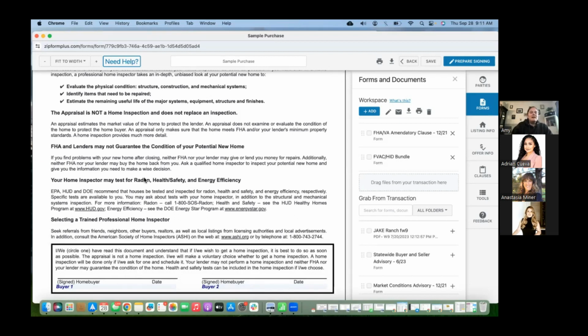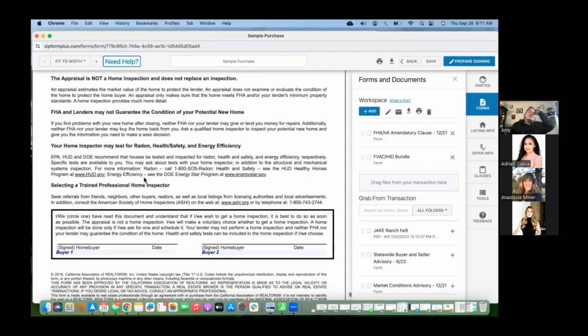FHA and lenders may not guarantee the condition of your potential new home. If you find problems with your home after closing, neither FHA nor your lender may give or lend you money for repairs. Additionally, neither FHA nor your lender may buy the home back from you. Ask a qualified home inspector to inspect your potential new home and give you the information you need to make a wise decision. Your home inspector may test for radon, health, safety, and energy efficiency.